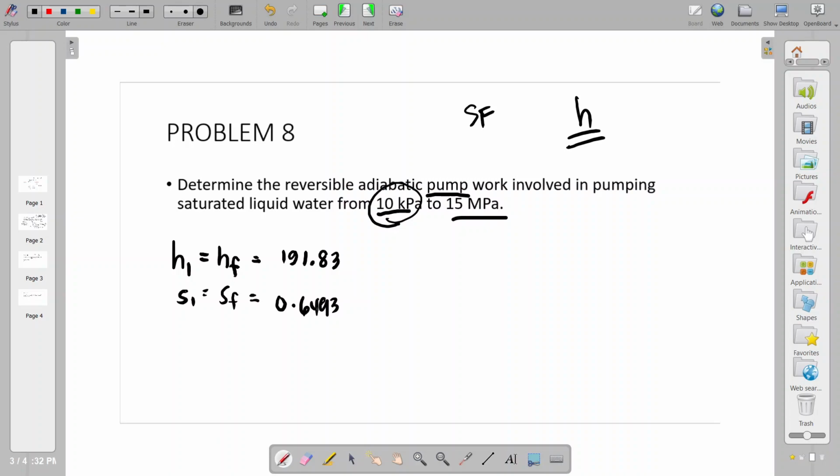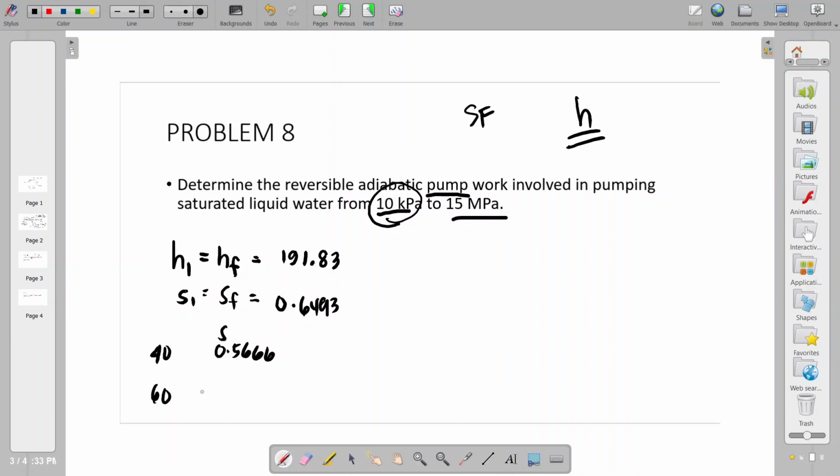Punta tayo dun sa compressed liquid. At 15 MPa, hanapin natin yung S na medyo malapit sa 0.6493. Okay? In between siya ng 40 degrees Celsius at 60. Ang S natin dito sa 40 ay 0.5666.